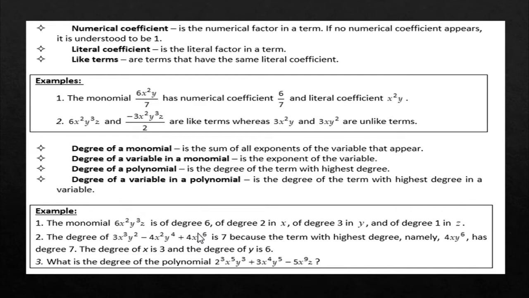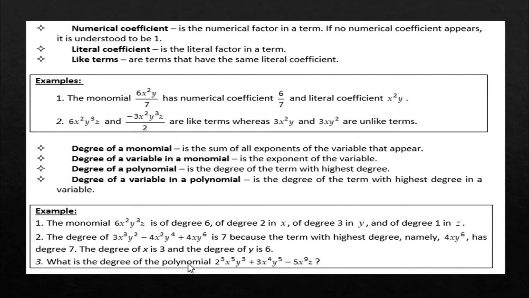Since naa tay x na to the power of 1, plus ang ato ang y to the power of 6, i-add ang exponent, so 7. So, siya ang may pinakadako nga degree. So, the degree of this trinomial is 7. The degree of x is 3 and the degree of y is 6. So, ang pinakataas nga degree ni x kay 3. Then, ang kang y kay 6.